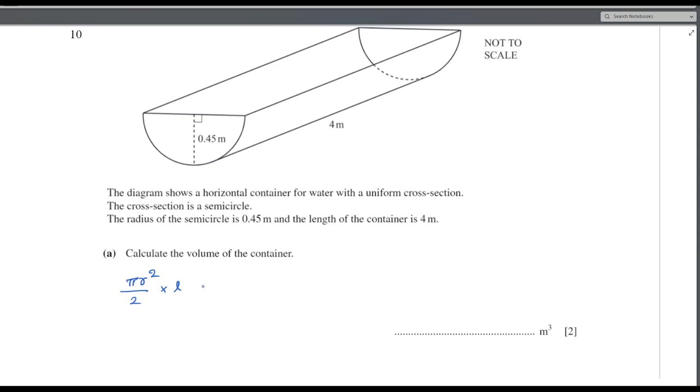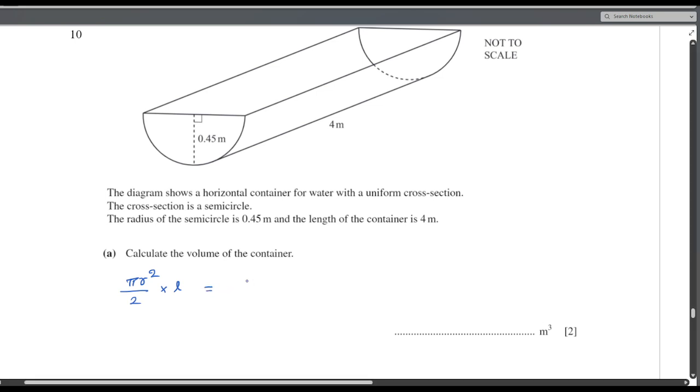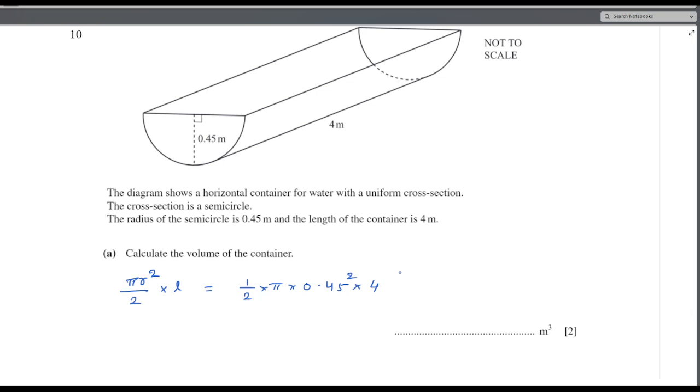So multiplied by L, is equals to 1 by 2 into pi into radius is 0.45 into 0.45 square into length is 4 meter. So the result is 0.5 into pi into 0.45 square into 4.